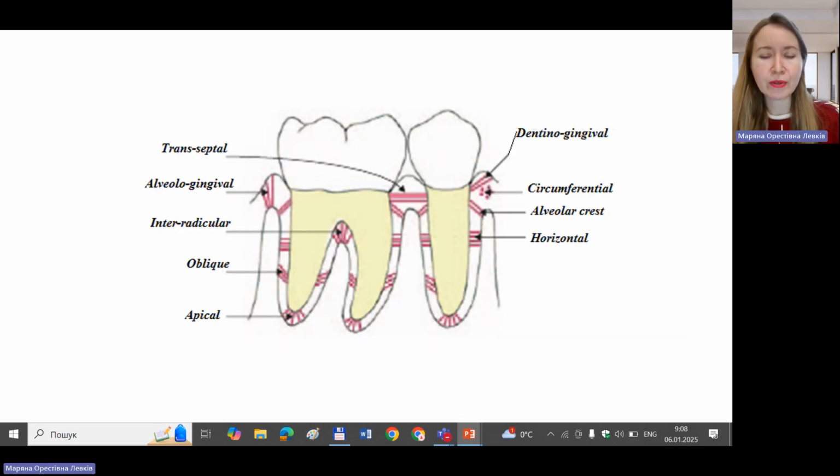On this diagram, you can see different types of periodontal fibers that surround the root. They are transseptal, dentogingival, circumferential, alveolar crest, horizontal, interradicular, oblique, apical, and alveolo-gingival.